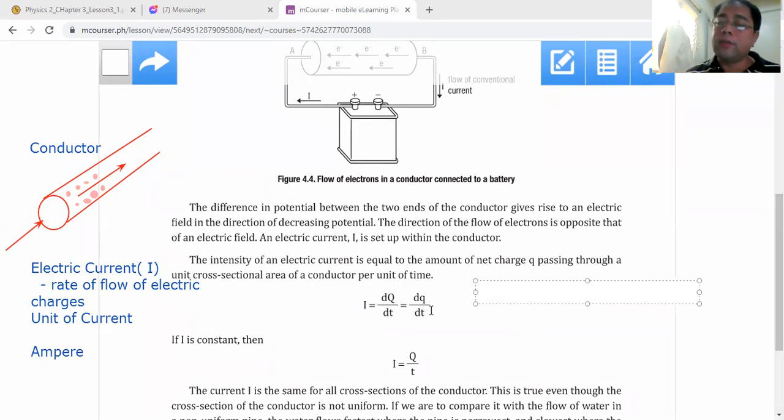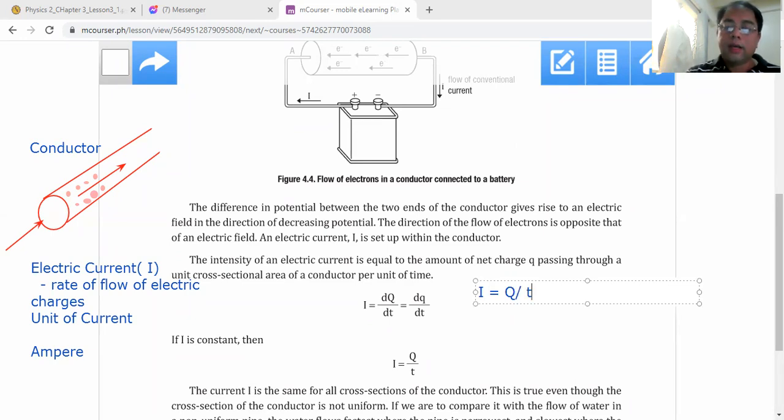Basically that's the rate of the flow of the charge, so it is always per unit of time. Or others would write I as q divided by the time.